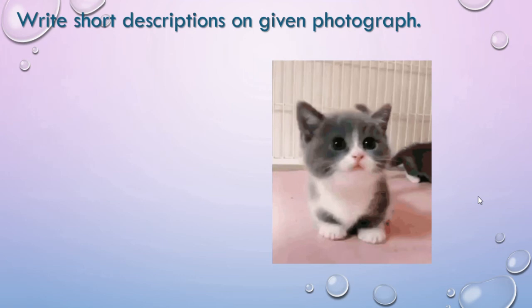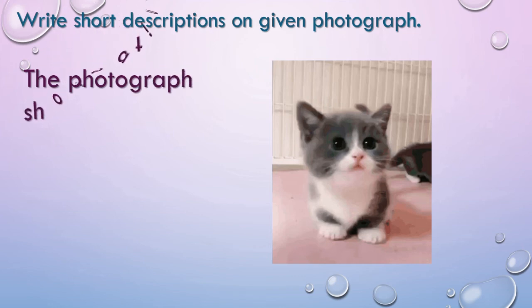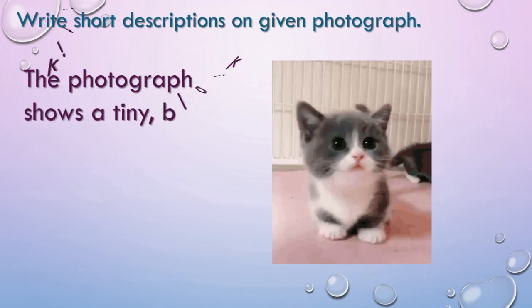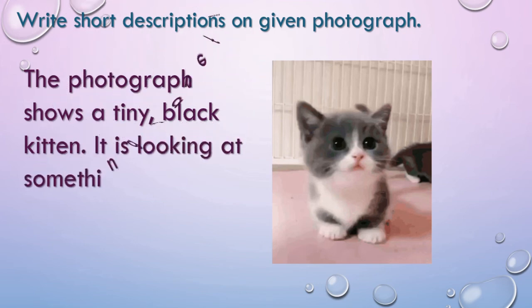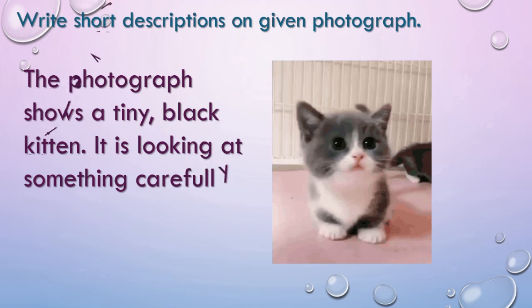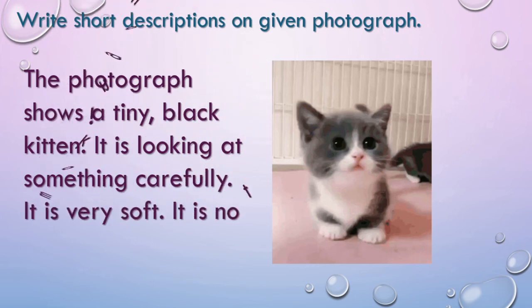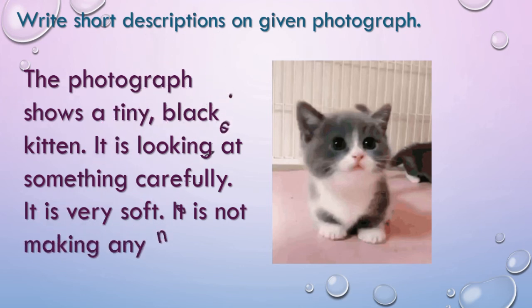Okay, one more, let us try. Here we can write like this. This photograph shows a tiny black kitten. Tiny means very small, isn't it? Kitten. It is looking at something. See the action here, right? It is looking carefully. It is very soft.